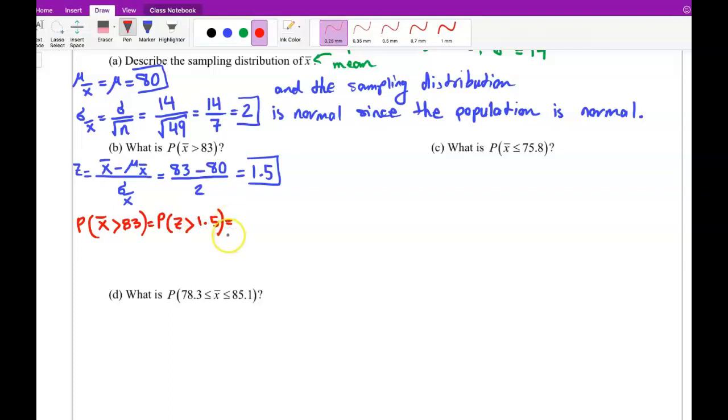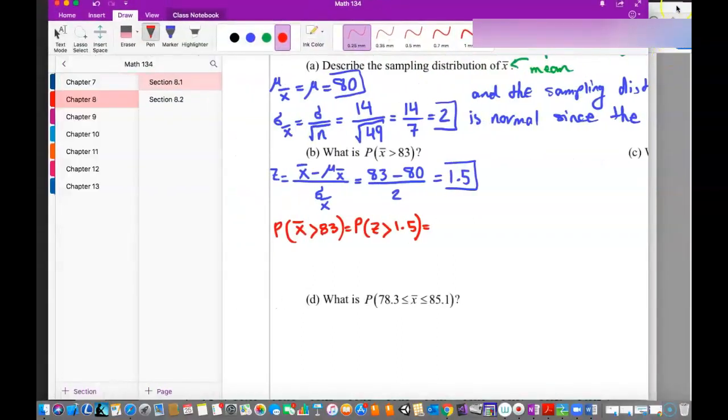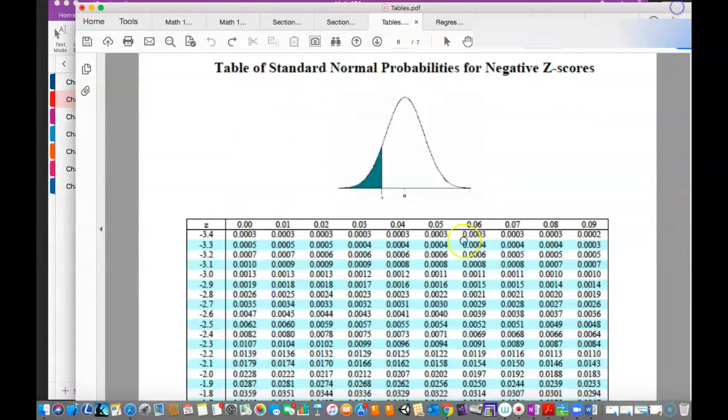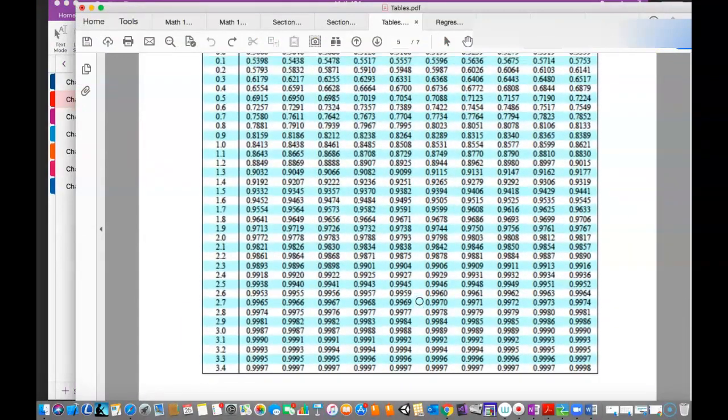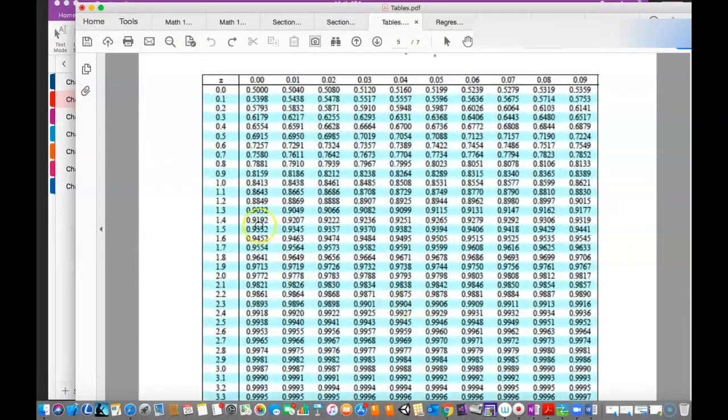Now for this part, use the table. Okay, let me show that. So z is 1.5, and that is positive. Here on the left column we have 1.5.